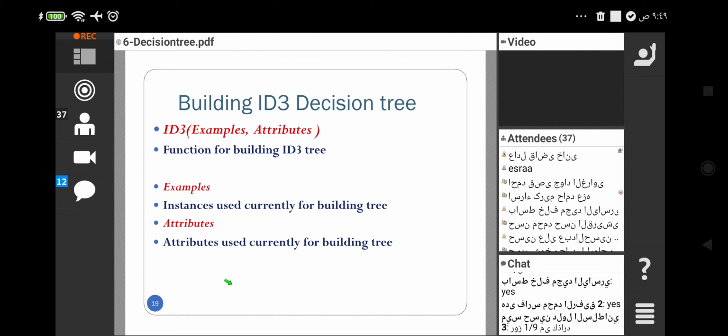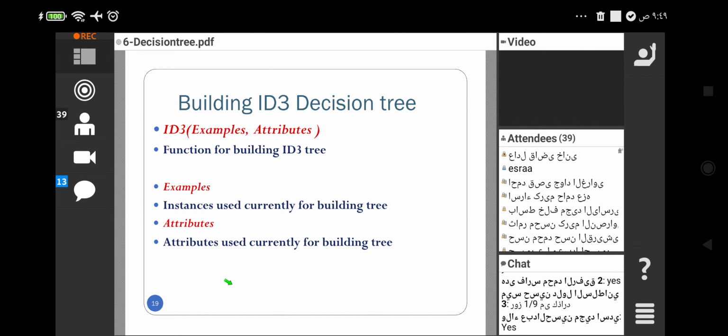Okay, so I will just review what I said in that video, and then I will go to the next subject. If you have any questions, ask. This was the algorithm for building the decision tree.